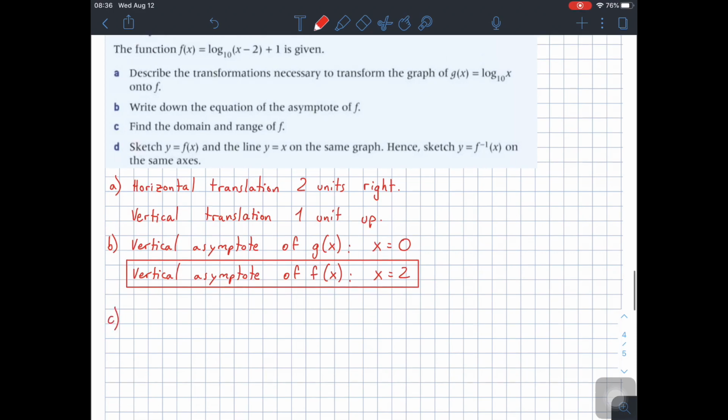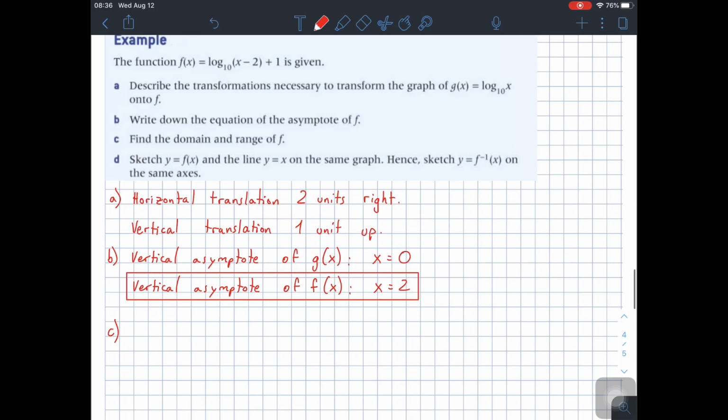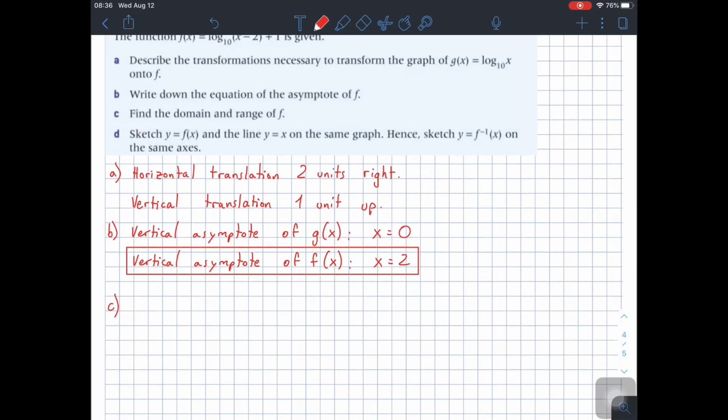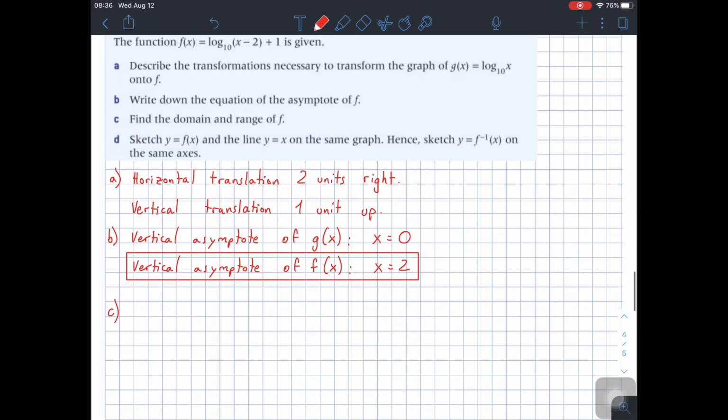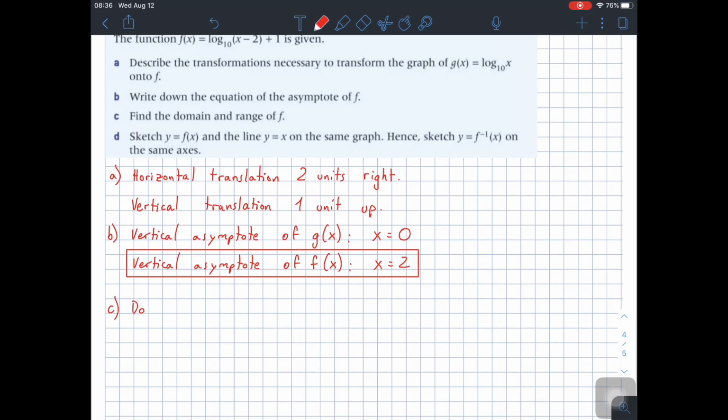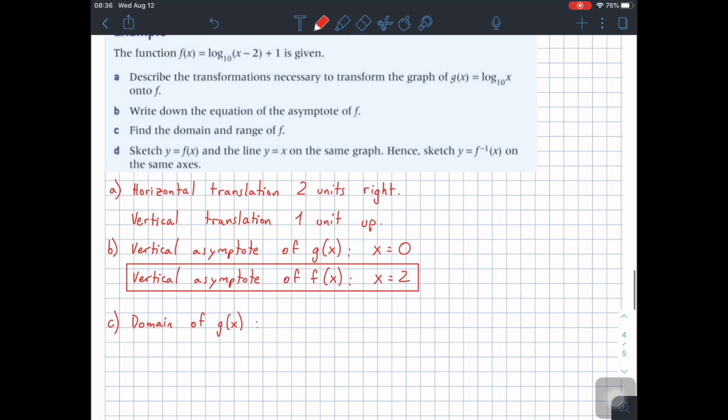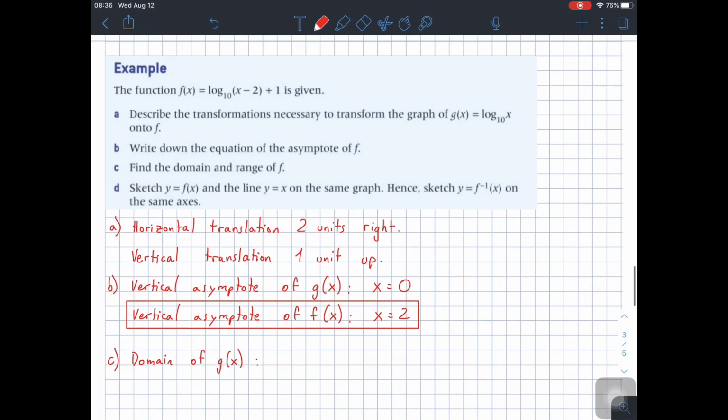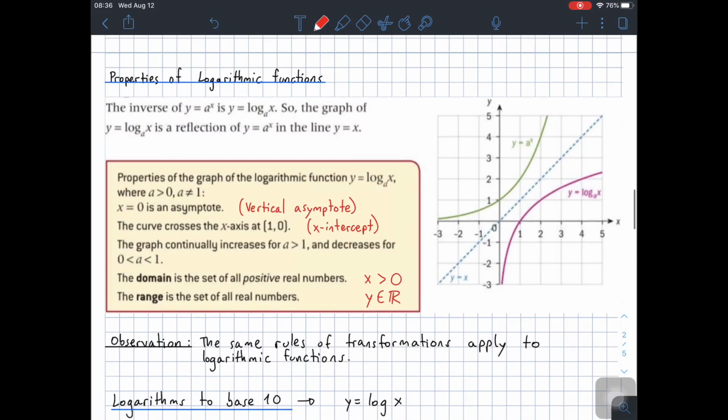Find the domain and range of f. F is always a transformed function. So if we work with g of x, the original function, the parent function, the domain of g, if we look at this type of graph, we saw that the domain are all values greater than 0, all positive values of x.